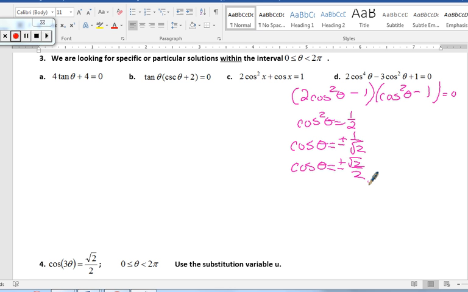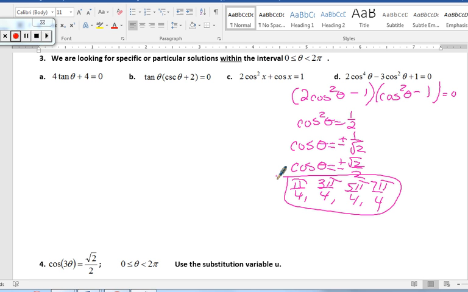So where is cosine of theta equal to plus and minus root 2 over 2? That's going to be at pi over 4, 3 pi over 4, 5 pi over 4, and 7 pi over 4. So quite a few answers there.